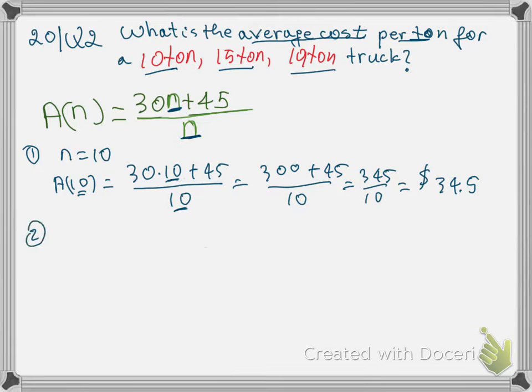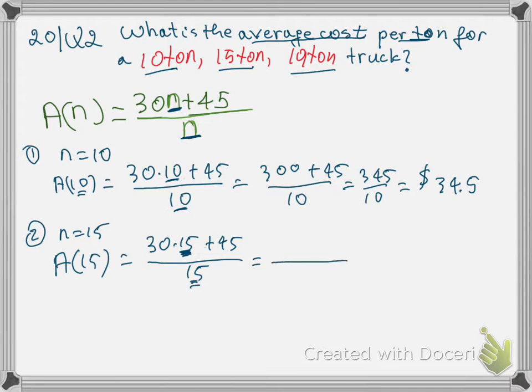The second scenario, we're given N equals 15, so we're evaluating A of 15. Into the equation, we plug in 15 for N. So 30 times 15 plus 45 over 15. Again, 15 is the N that I'm plugging in.